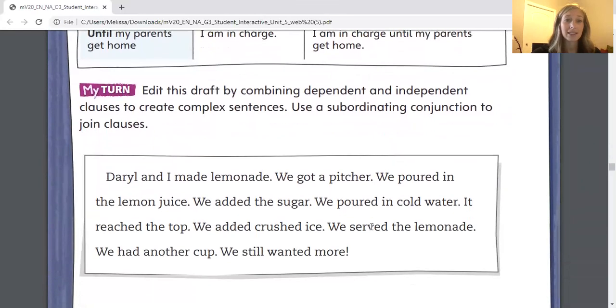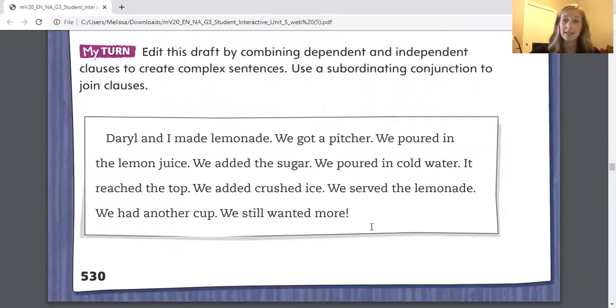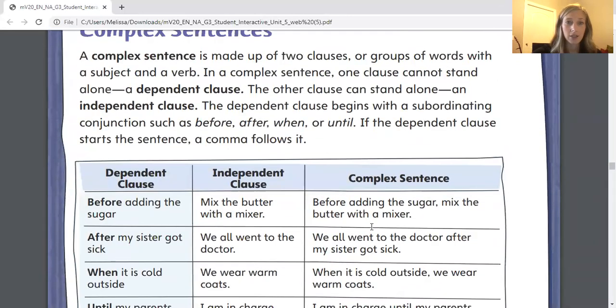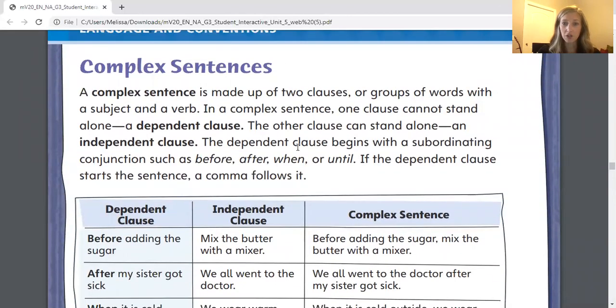Now it says to edit this draft by combining dependent and independent clauses to create complex sentences. Use a subordinating conjunction to join clauses. Okay, so remember, you can use subordinating conjunctions, such as the word before, after, when, or until.